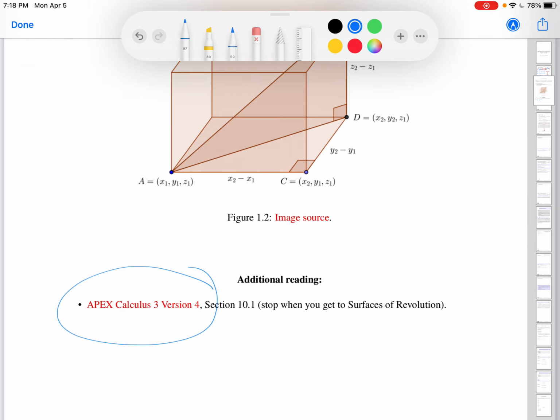This book is open source, so you can download it for free. It has embedded 3D graphics, so you can pan around using the PDF file. It's really phenomenally well done for it being free, and is a really great way to learn the content of the course and have a resource for it beyond these notes. So let me go back to where we were.